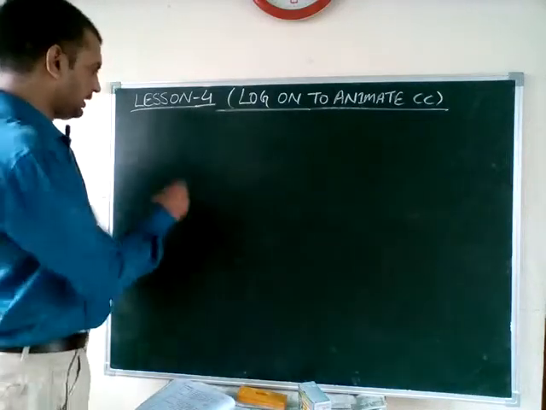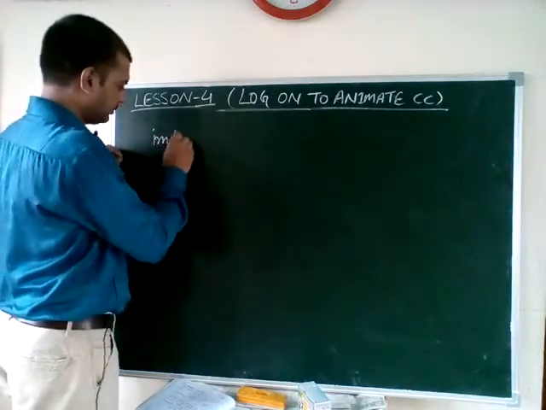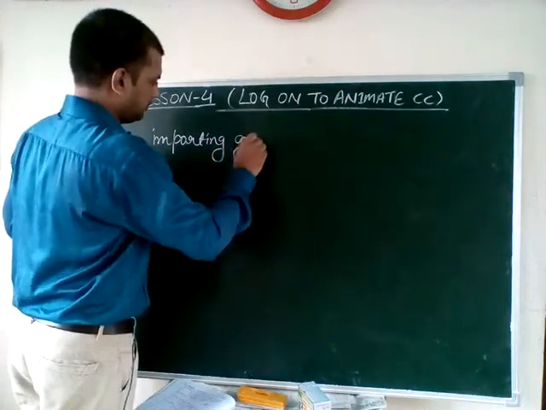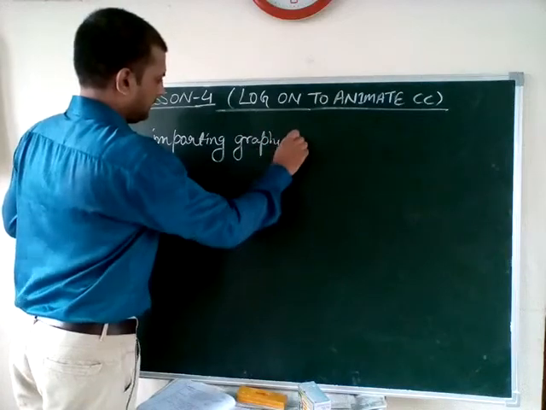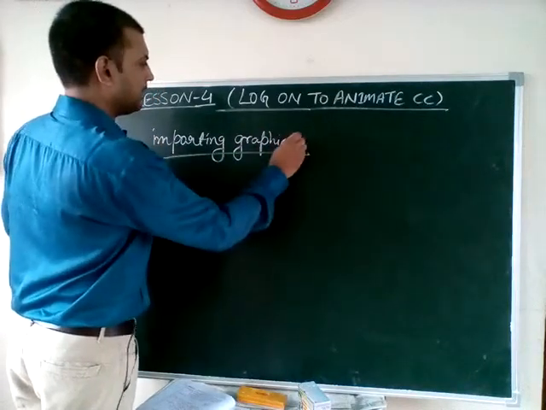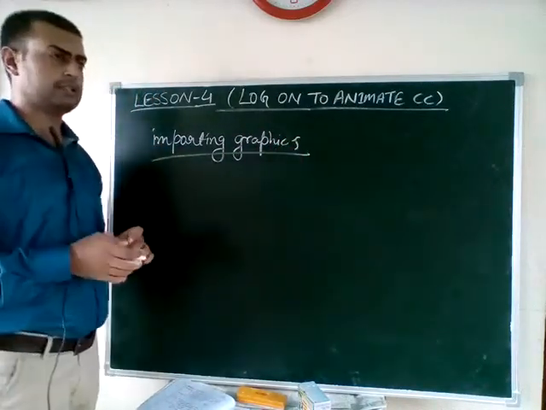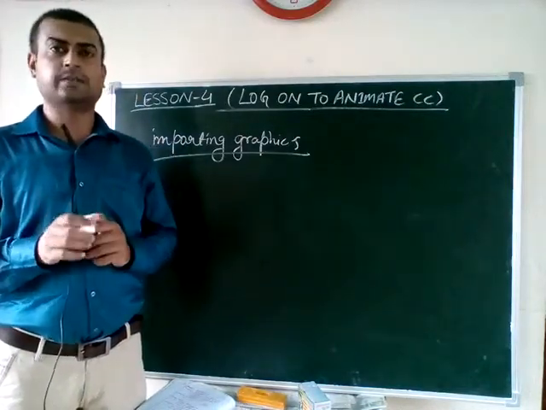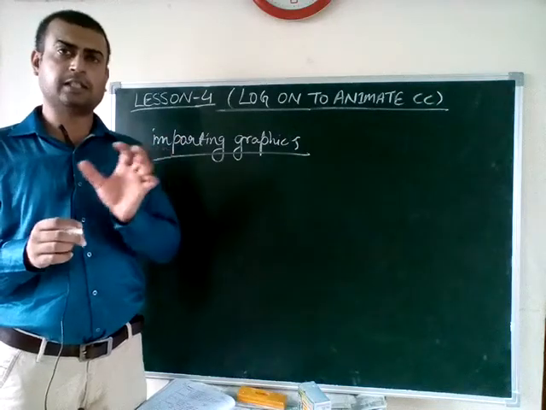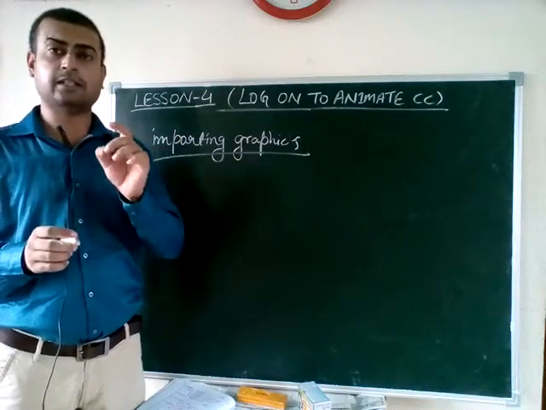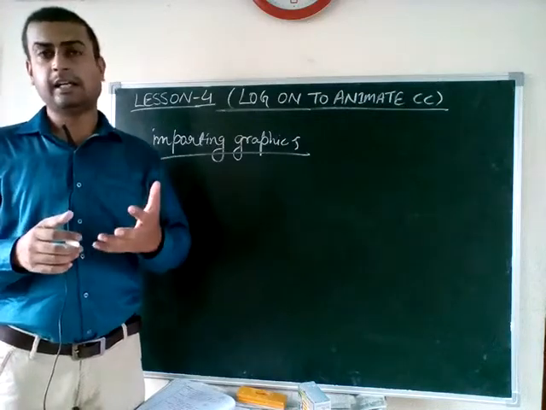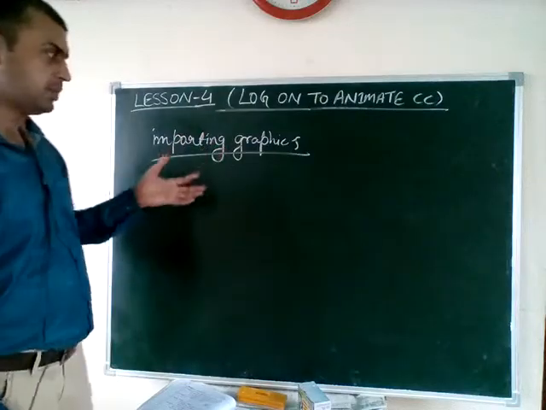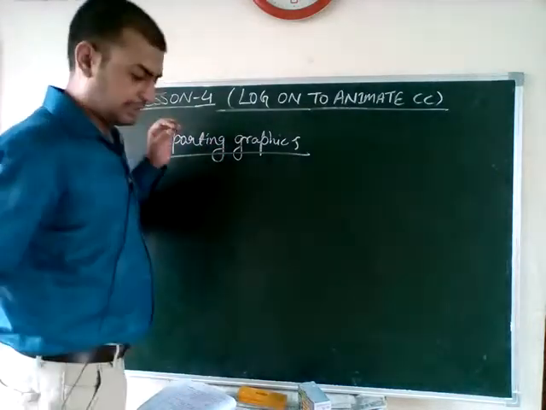Importing graphics: I showed this example in the class 2 days before, where I drew one traffic light signal. In that, one car is there, that car can move here and there, and that car is downloaded from Google, and I have simply imported that car into my software on that stage.